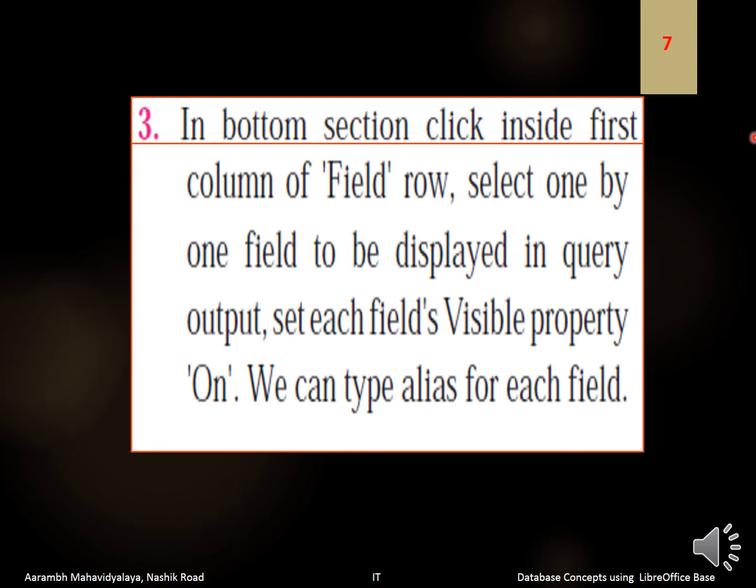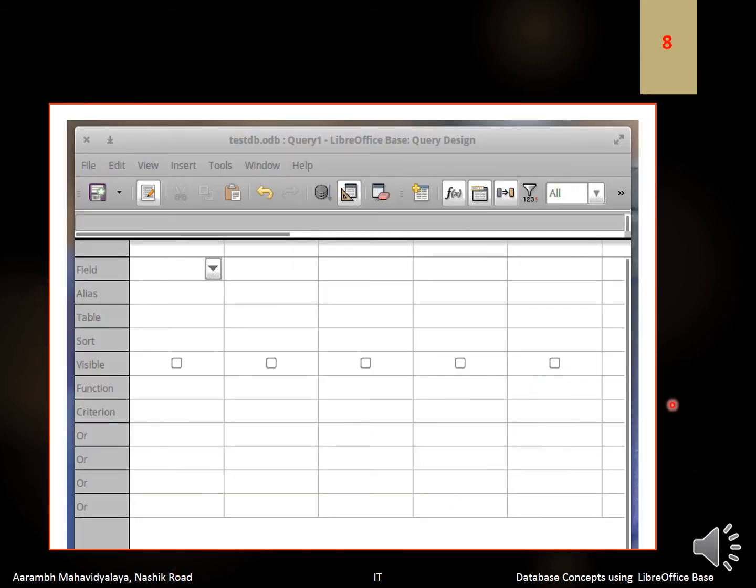Then next, in the bottom section, click inside the first column of the field row, select one by one the fields to be displayed in the query output, set each field's visible property on, and then we can type an alias for each field. Just see this. Here in this picture you have different conditions.